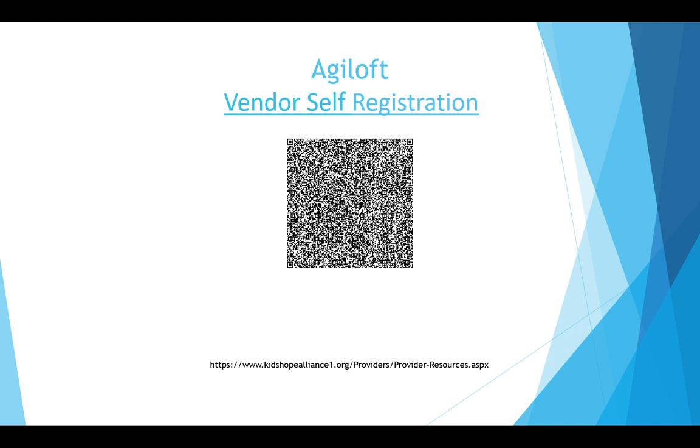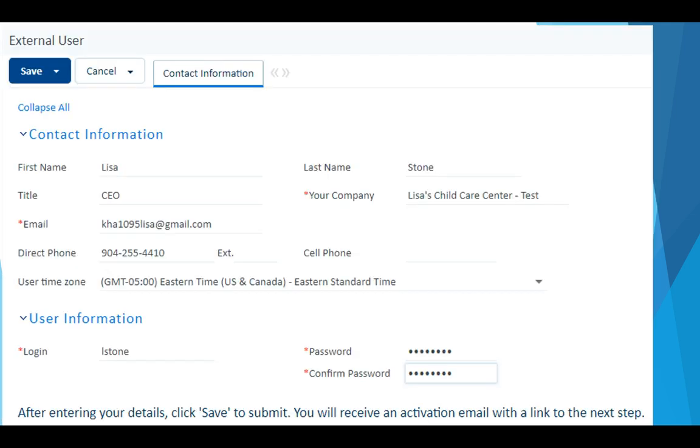If you type that in, it will take you to a page, and just look for the Agiloft vendor self-registration link on that page from our website. That too is another way to get to the external user portal within Agiloft. Any of those options will get you there. If you have issues finding it, you can always contact us at agiloft@coj.net, which I'll cover again in this video.